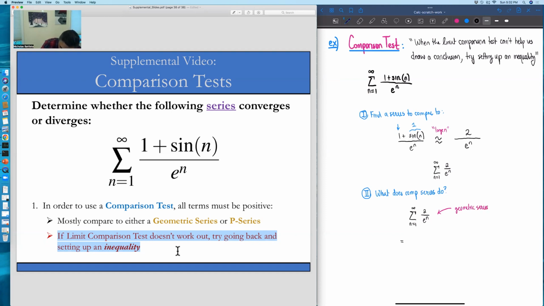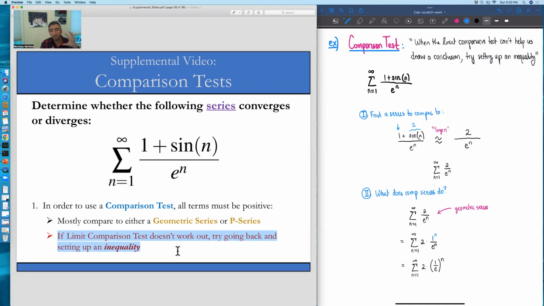We can write this series in the following way. From n equals 1 to infinity, we can look at this like 2 times 1 over e to the n. And we can get this into a little bit more familiar geometric series form by writing this as 2 times 1 over e, that whole thing raised to the nth power, because in the numerator, a 1 to any power n is still a 1.